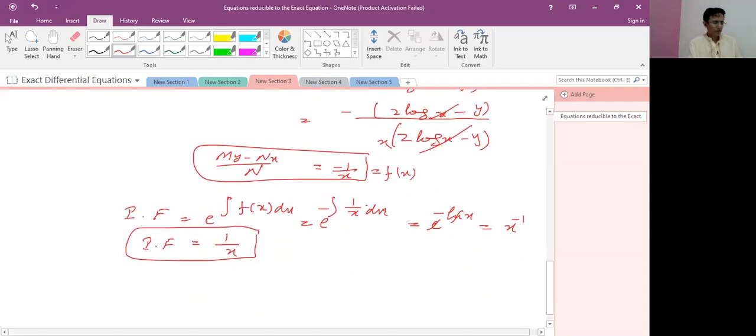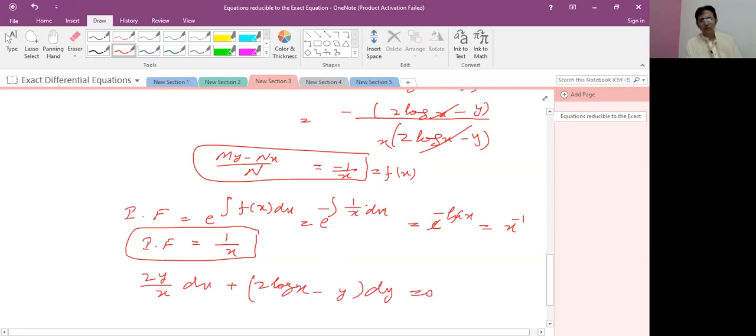then we will determine the differential equation. So 2y upon x into dx plus 2 times log of x minus y into dy, which is equal to 0.